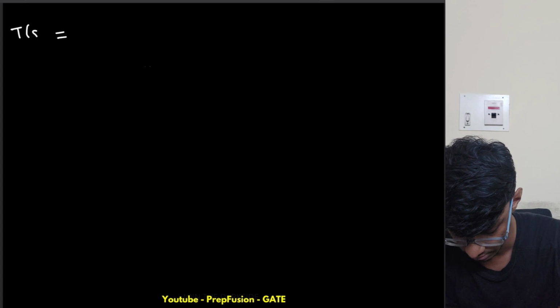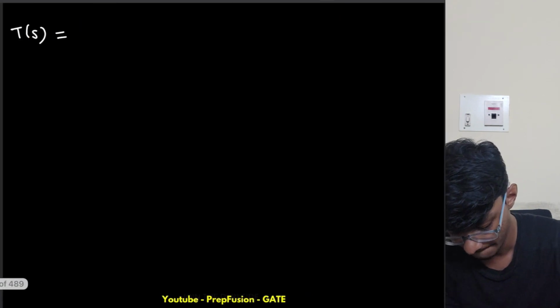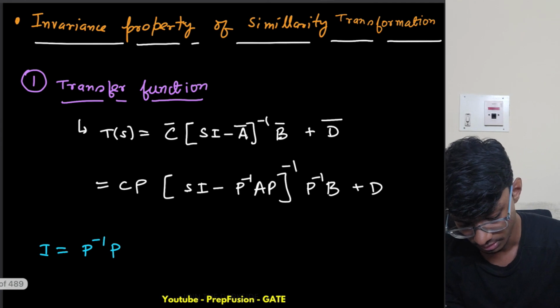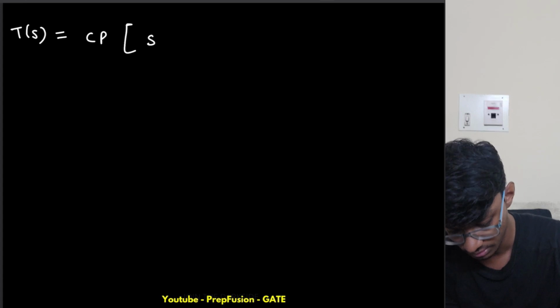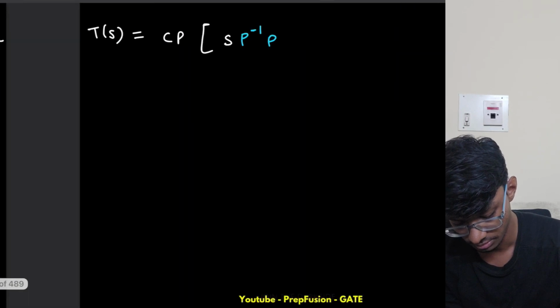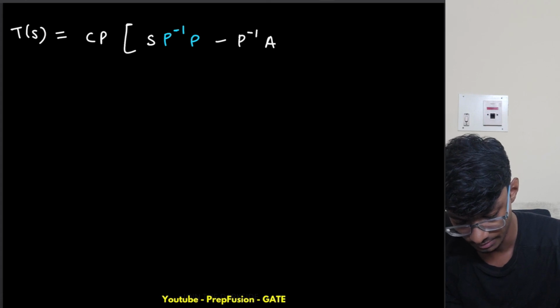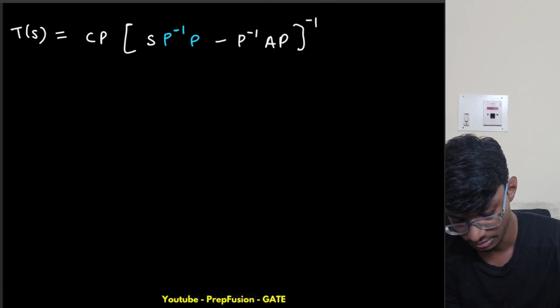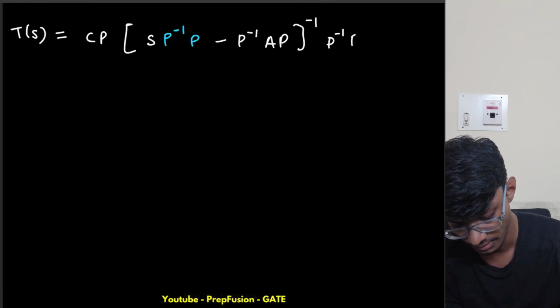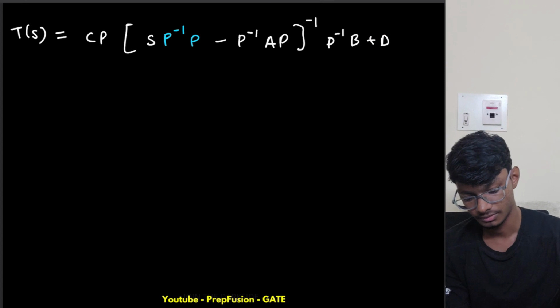My transfer function is basically C times P, then I replaced with P inverse P, minus P inverse A P, and this is whole inverse, times P inverse B plus D. Although I don't need to prove it, still we're proving it.